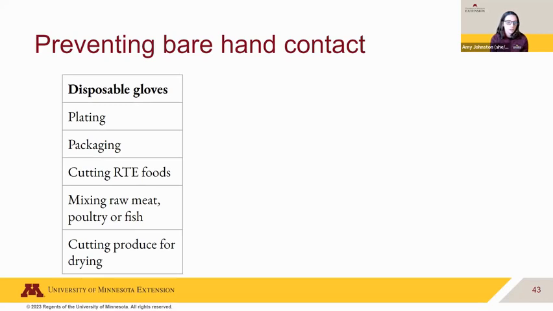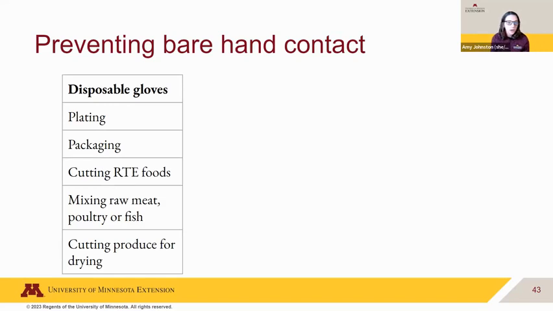Remember, you need to prevent cross-contamination by washing your hands before putting on disposable gloves and changing your gloves between tasks. Safe use of disposable gloves can be ideal for plating or packaging foods, especially those that are delicate, cutting RTE or ready-to-eat foods, which can be anything from produce that'll be eaten raw or slicing cooked foods.